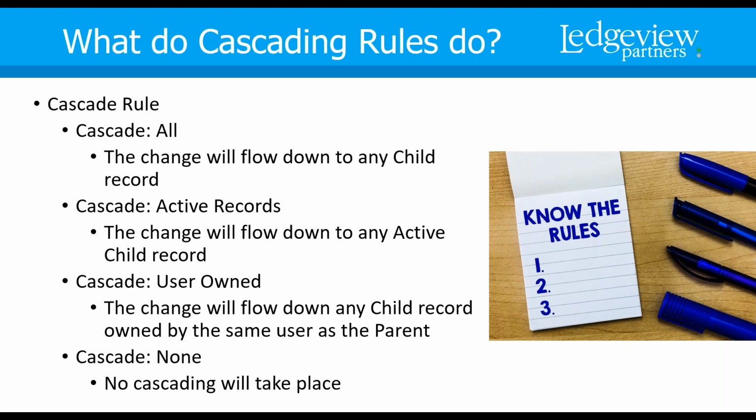The reason why cascading rules are so important is because it's a really big jigsaw puzzle, okay? And each item is going to fit differently on how you want it to be done, but this is all set up for you out of the box. And custom entities have different capabilities, and different entities also have different capabilities.